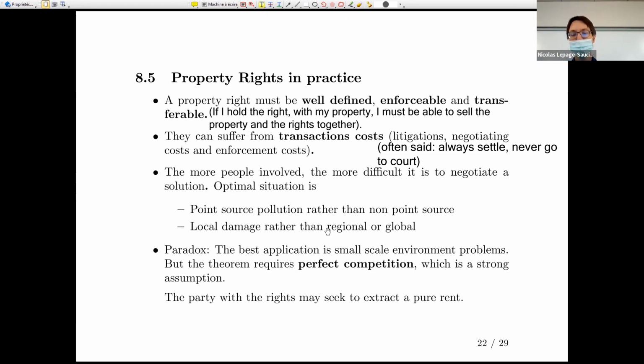And local damage rather than regional or global. Otherwise, you may suffer some small damage, but not enough to justify fighting it. But you know for a fact that, say, 200 people have the same damage. So what do you do? Well, you should bring a group action against the factory. But that's a whole big challenge too.